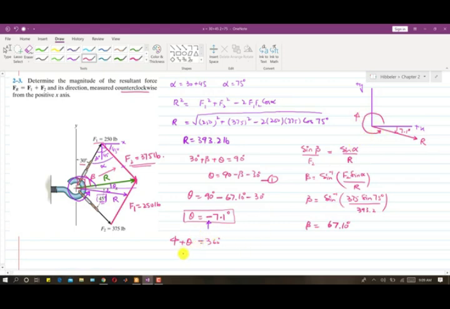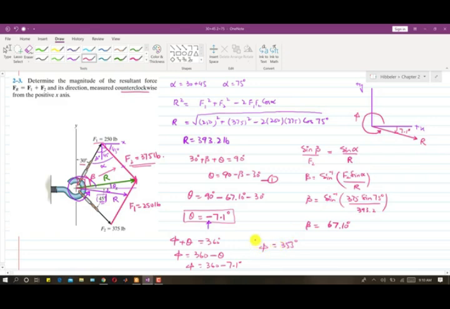So this phi will be equal to 360 minus theta, right? So we will not use the minus sign, right? So phi will be 360 minus 7.1 degrees, right? And phi comes out to be 353 degrees approximately, right?